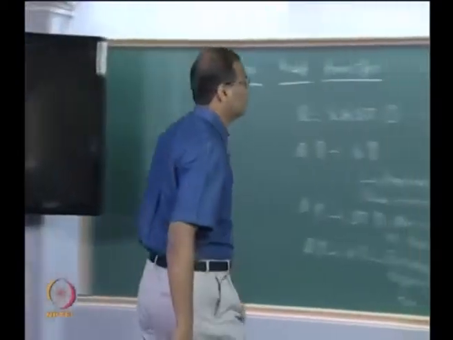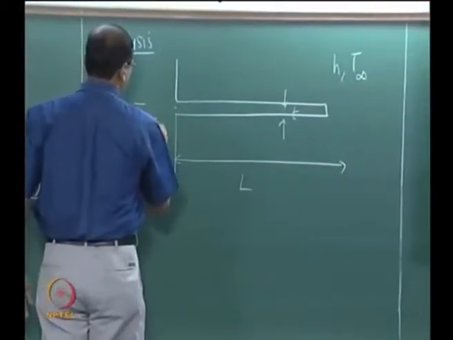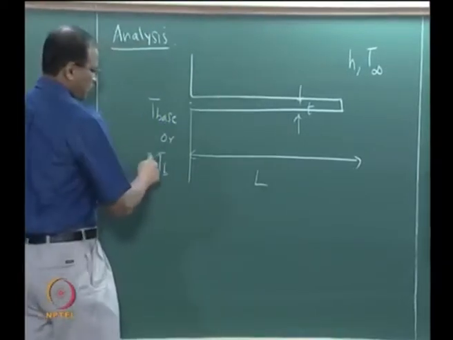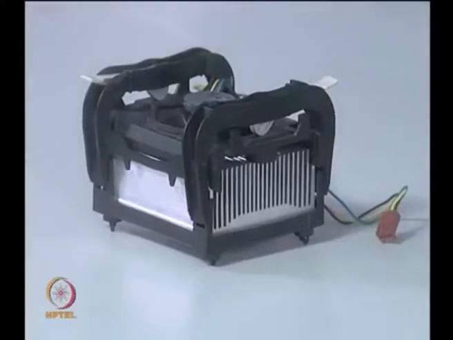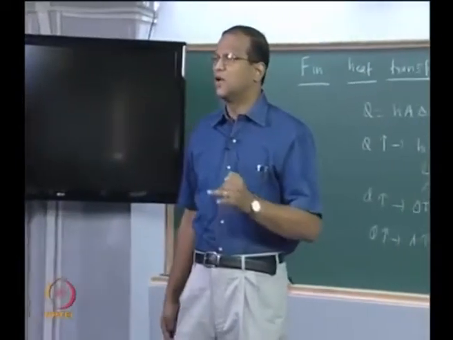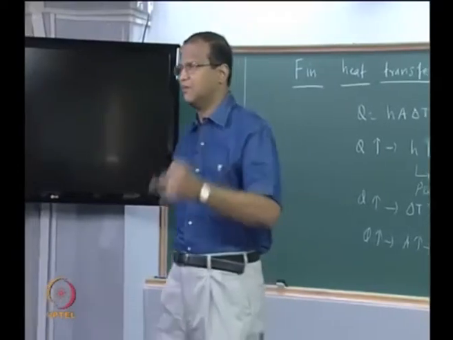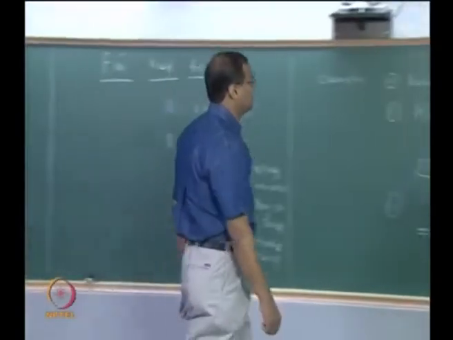Okay, so the base temperature, that is a design variable. For the CPU, you may want to restrict to 60 or 65 degrees. For some electronic equipment, 75, 80 you can go. Above 80, the reliability of the equipment goes down. Okay, so T base, assuming that it is known, T infinity is known, h is known.